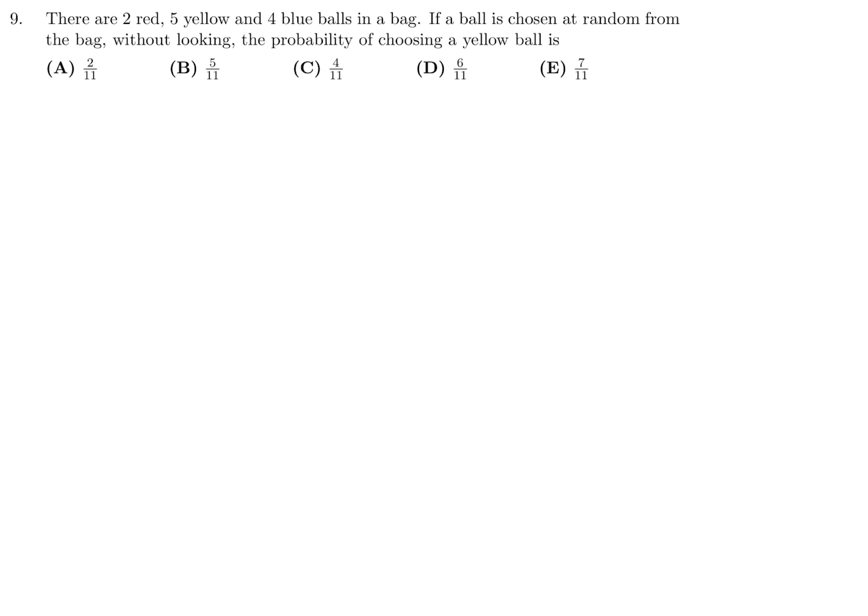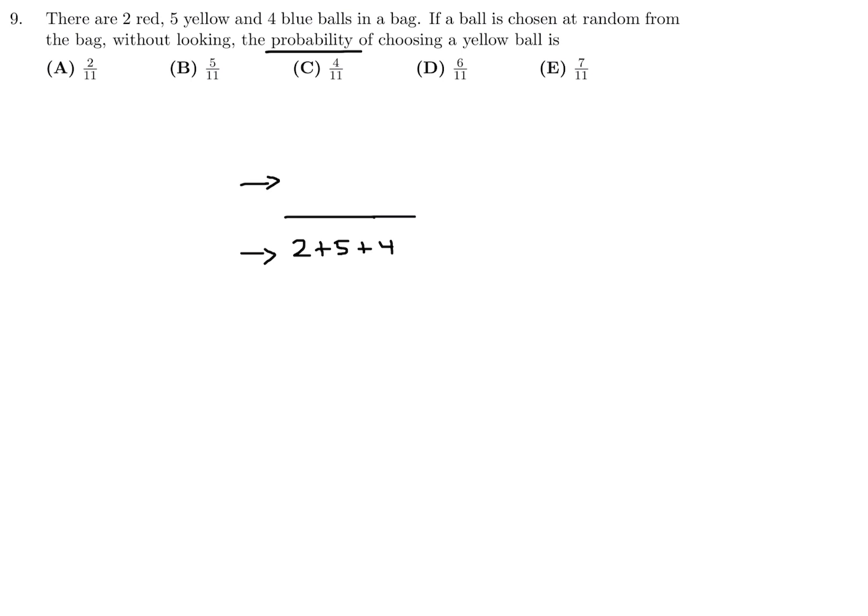There are 2 red, 5 yellow, and 4 blue balls in a bag. If a ball is chosen at random from the bag without looking, the probability of choosing a yellow ball is. Well, in any probability question, usually it's a fraction, and the denominator is the total. So in this case, the total number of balls, 2 red, 5 yellow, plus 4 blue.